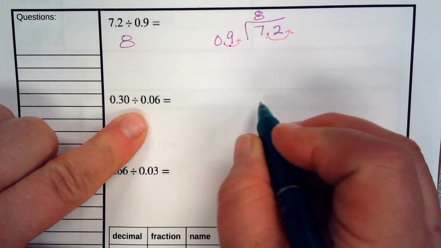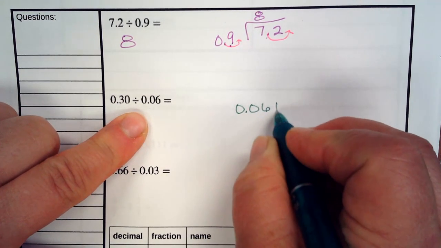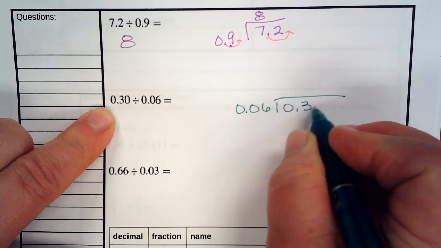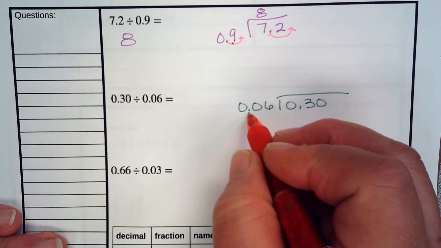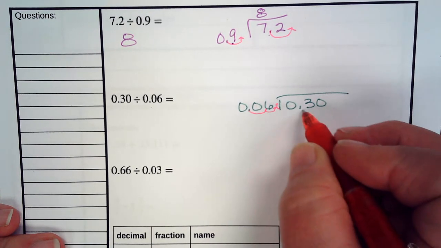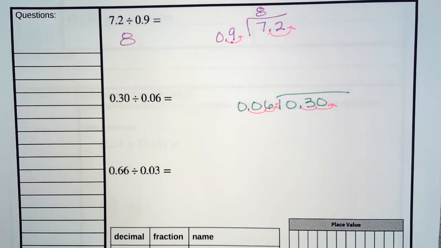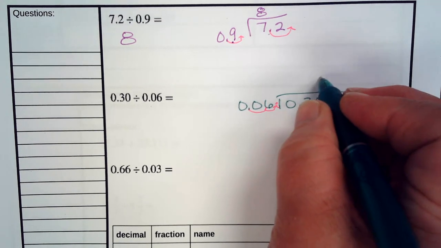Okay, so on the outside I'll have 0.06, and I'm going to divide 0.30 by 0.06. How many spaces do I have to move it over? 1, 2. It now becomes 30 divided by 6, and that gives me 5.